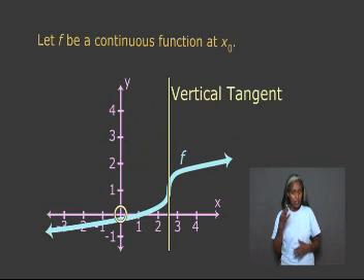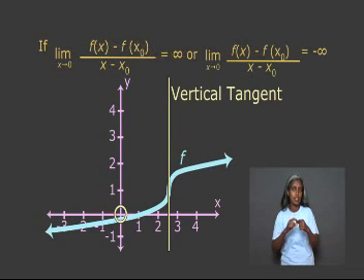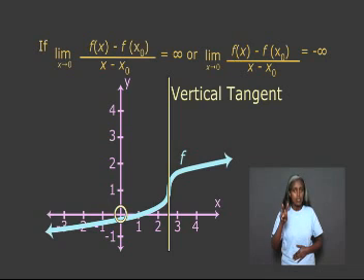Let f be a continuous function at x0. If the limit of f of x minus f of x0 over x minus x0 as x approaches x0 equals infinity or negative infinity, then the vertical line x equals x0 is tangent to the graph of f at x0, f of x0.